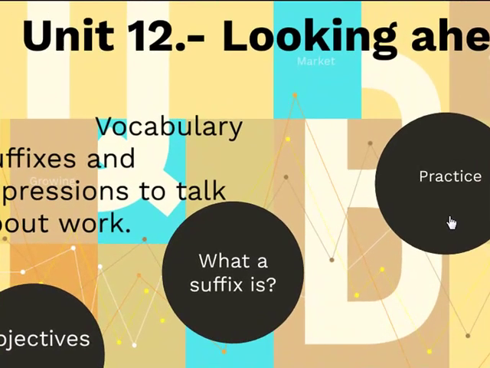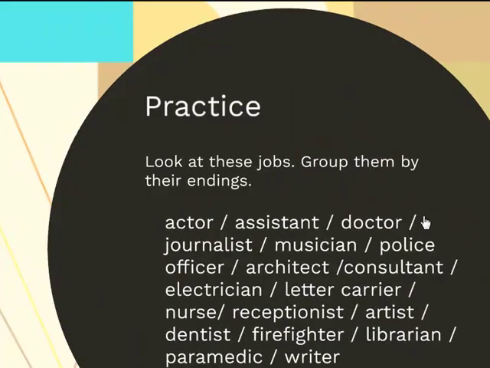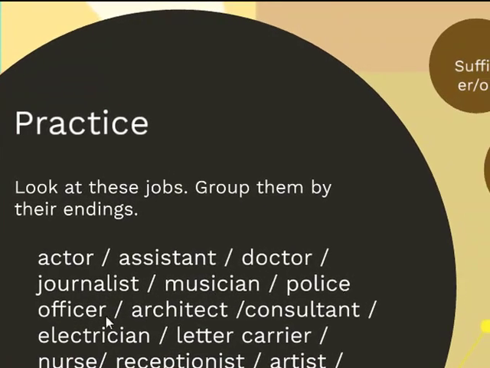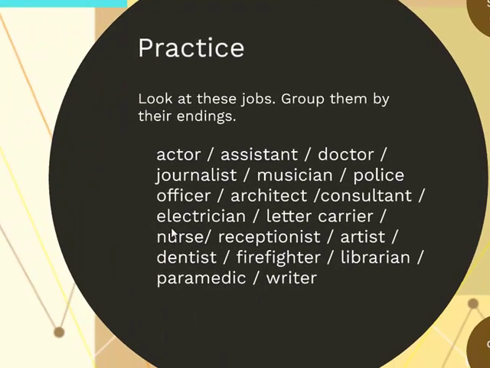Now let's do some practice. Practice. Look at these jobs. Group them by their ending. Okay, so we have actor, assistant, doctor, journalist, musician, police officer, architect, consultant, electrician, letter carrier, nurse, receptionist, artist, dentist, firefighter, librarian, paramedic, and writer.